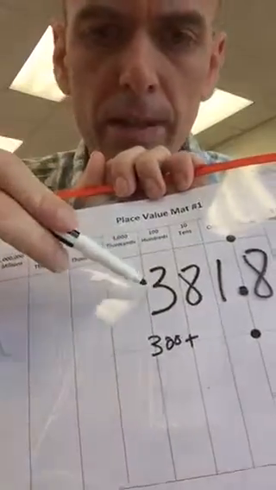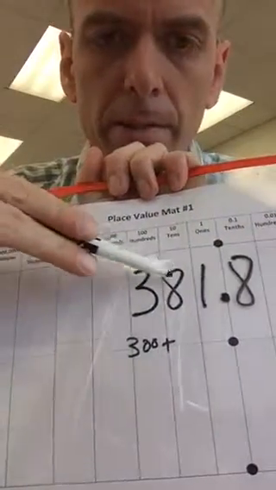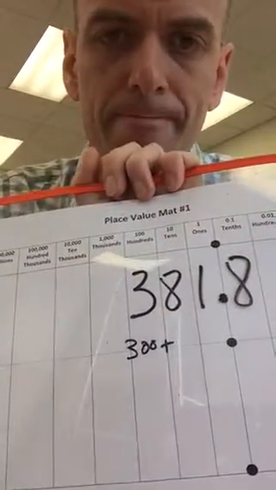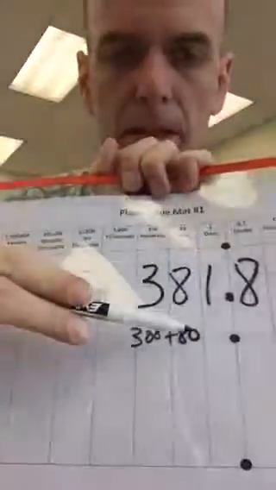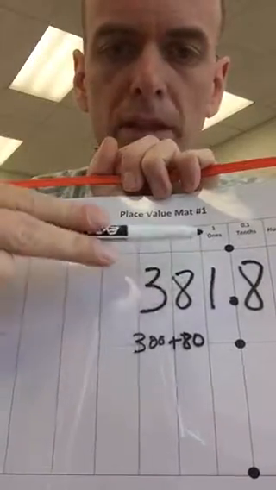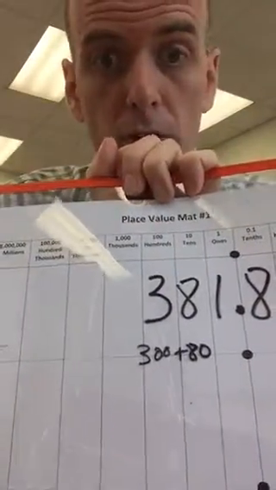You see that? 3 is in the hundreds place, so its value is 300. What's the value of this 8? The digit 8 is in the tens place. 8 tens. So that must mean that it's 80. So we have 300 plus 80, and then this 1 is in the ones. So it's 1.